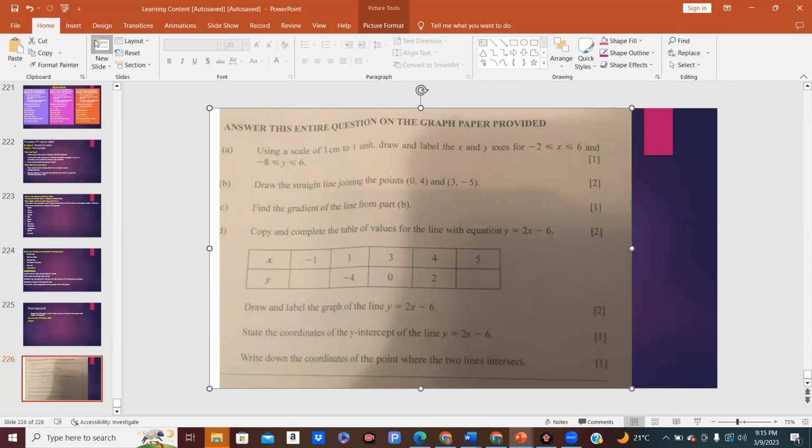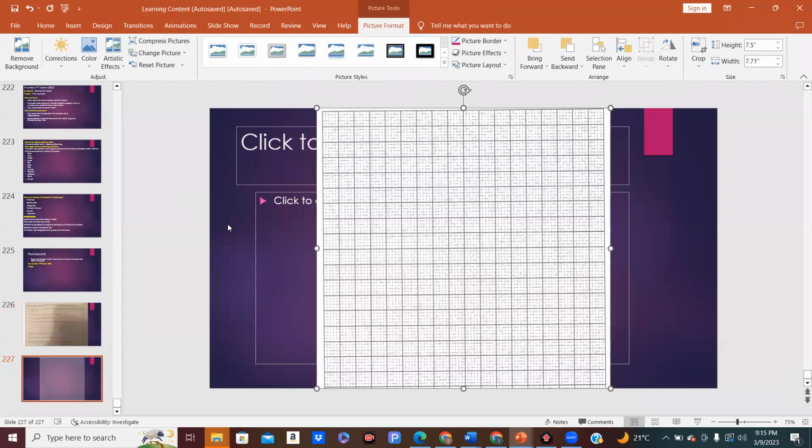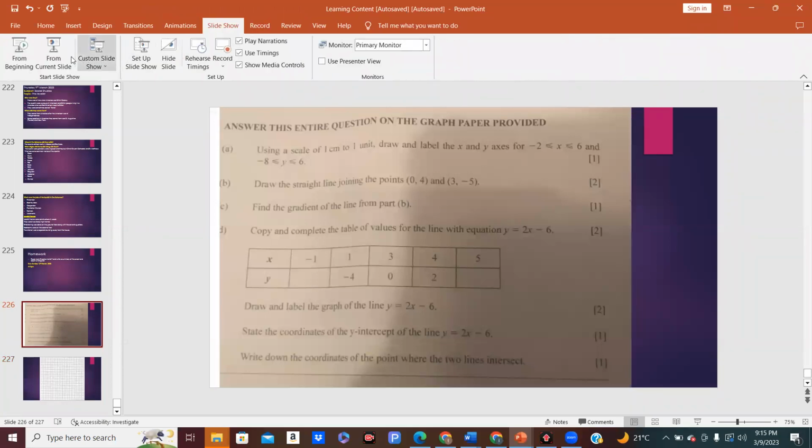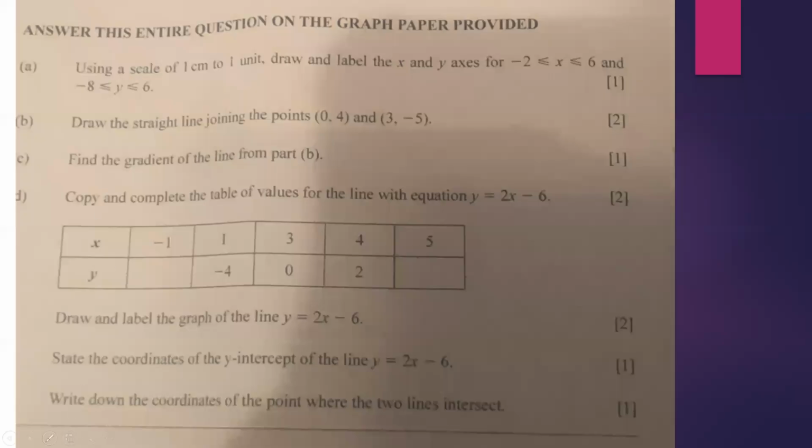All right, so the question says that we want to use a scale of 1 centimeter to 1 unit. Now, when I say 1 centimeter to 1 unit, that means you're counting in ones.